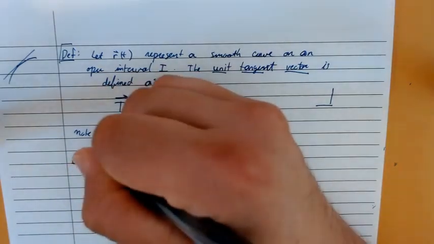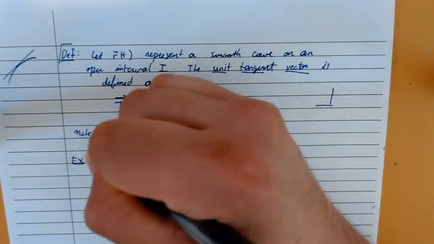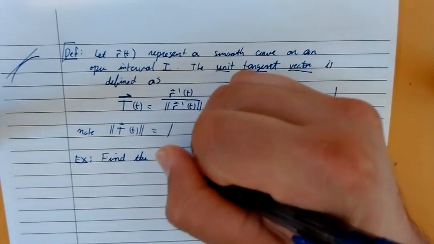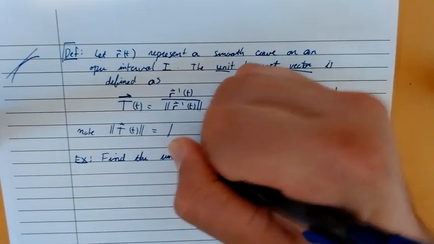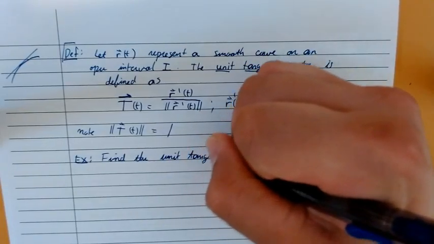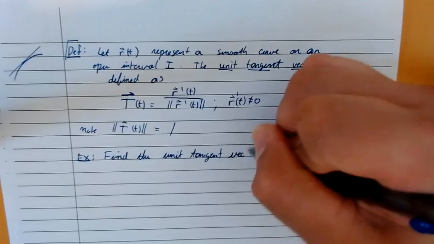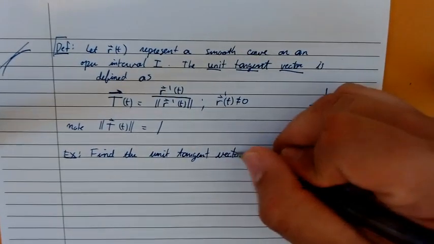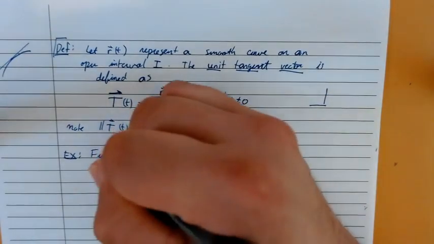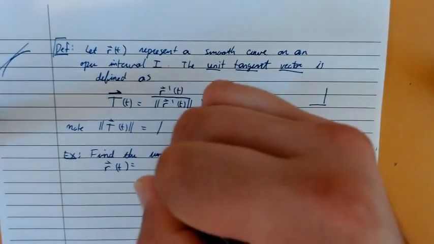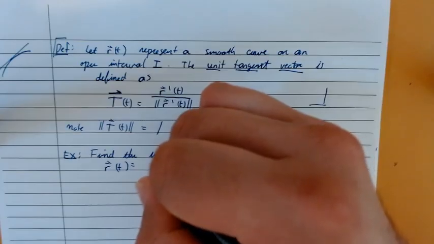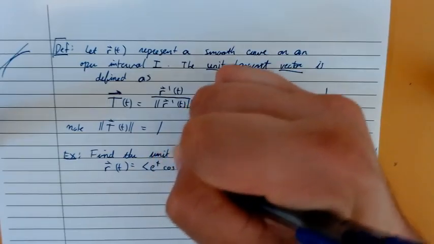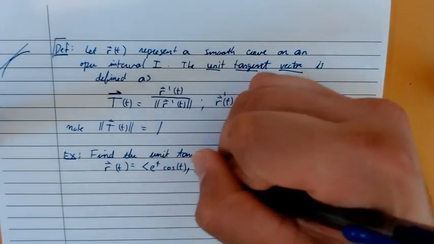So for example, let's go ahead and find the unit tangent vector of r of t equals e to the t cosine of t, comma, e to the t.